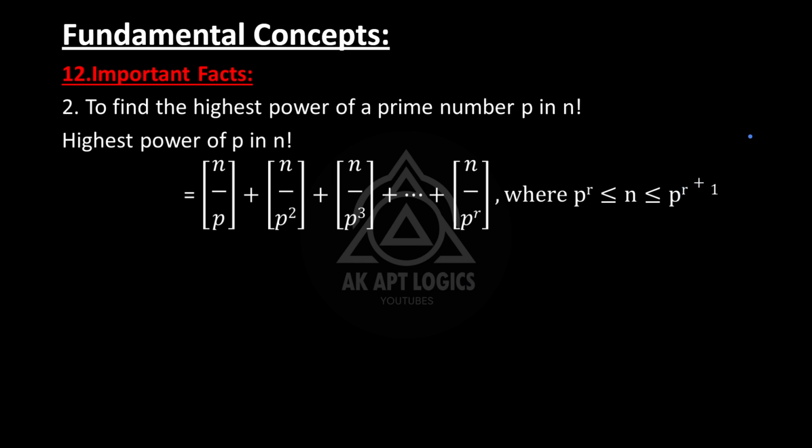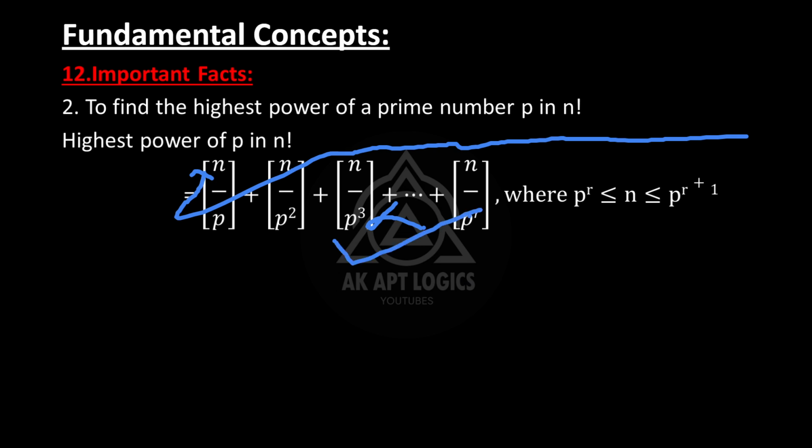To discuss this will take a long time, so just remember it and write it down in your notes. I will discuss this properly when it is used while solving problems in the coming videos. Okay, just write it down.